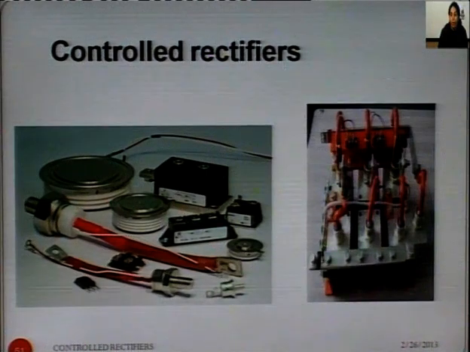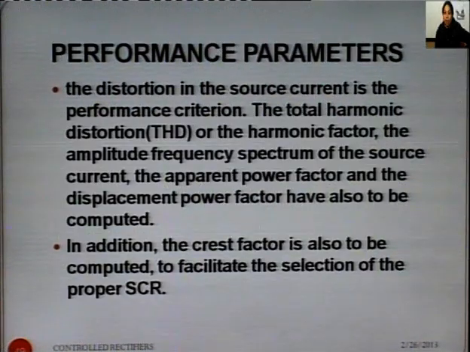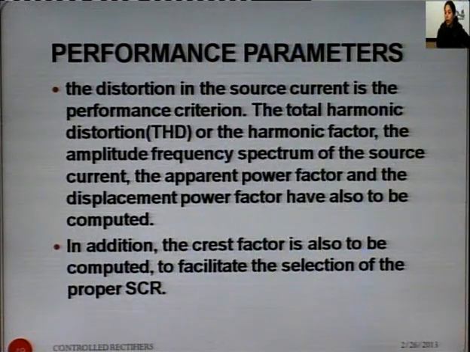Further, there are the applications and the performance parameters. The performance parameters describe how we can select a particular device for a particular application, like the crest factor, which we can compute to facilitate the selection of the proper SCR.